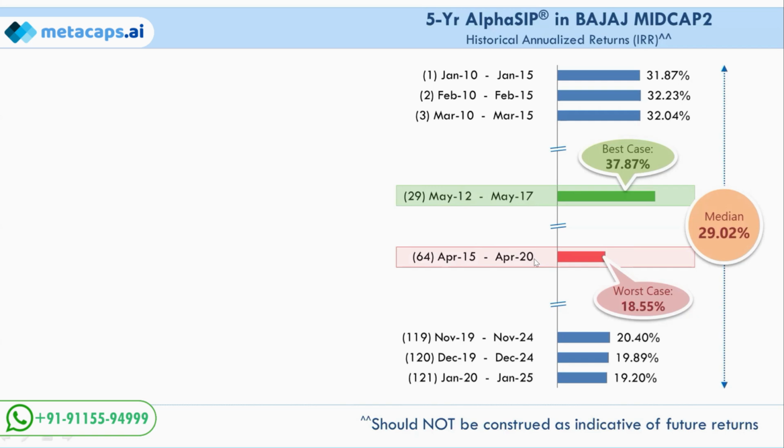If you did a normal SIP in Nifty during this period, your return would have been negative 6%. Most mid-cap funds during this period delivered negative double-digit SIP returns. During that 5-year period, historically, AlphaSIP has delivered positive 18.55.